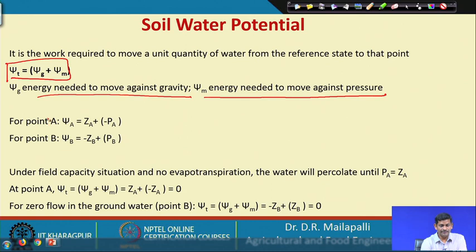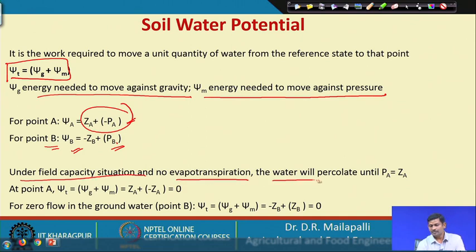At point A, if you recall the previous picture, psi A is equal to Z A minus P A, and at point B, psi B is equal to minus Z B plus P B. P B is positive here because this is below the water table, P A is negative above the water table. Under field capacity, with no evaporation, the water will percolate until P A is equal to Z A.